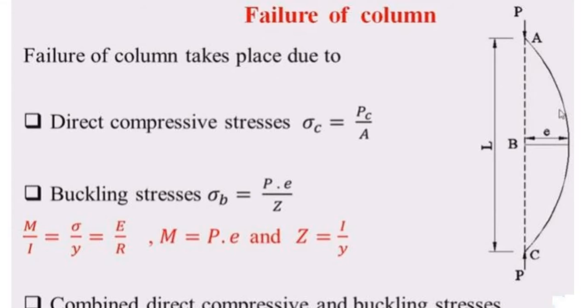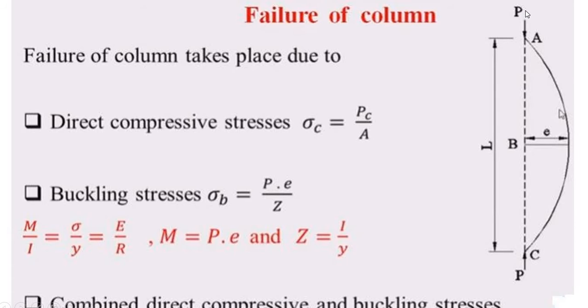But in the case of a long column, it may fail due to buckling. So the expression for buckling stress is sigma B equal to P into e divided by Z. Here you can see the figure, and the dotted lines represent the initial condition of the column.